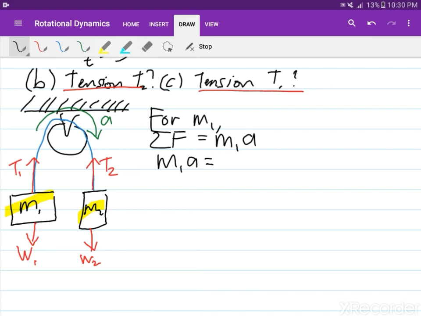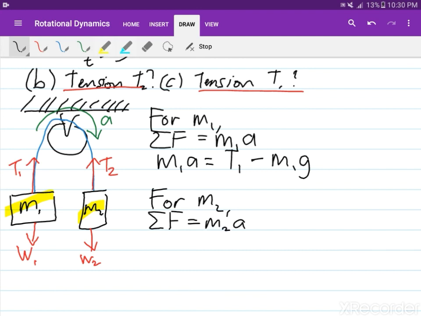So for M1A, these forces would follow T1 minus weight of mass 1. So this is M1G. Okay, so let's write for M2. So we have M2 times A. So M2A follows a summation of forces with M2G minus T2.